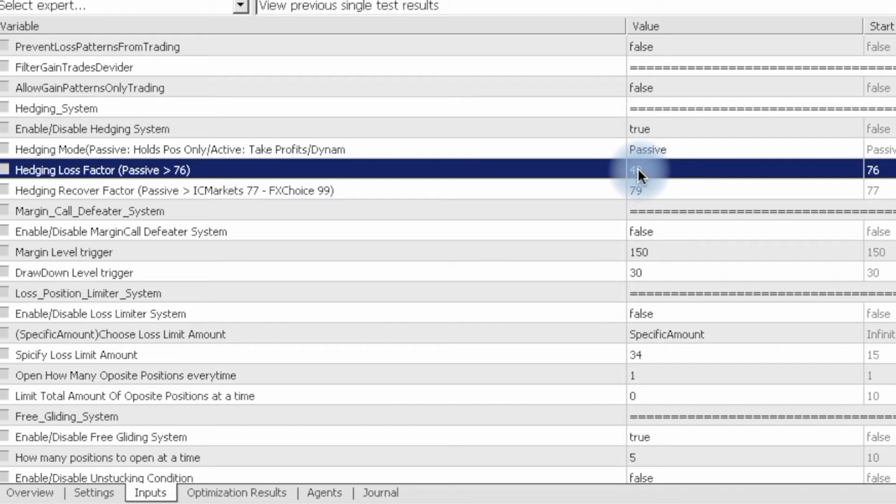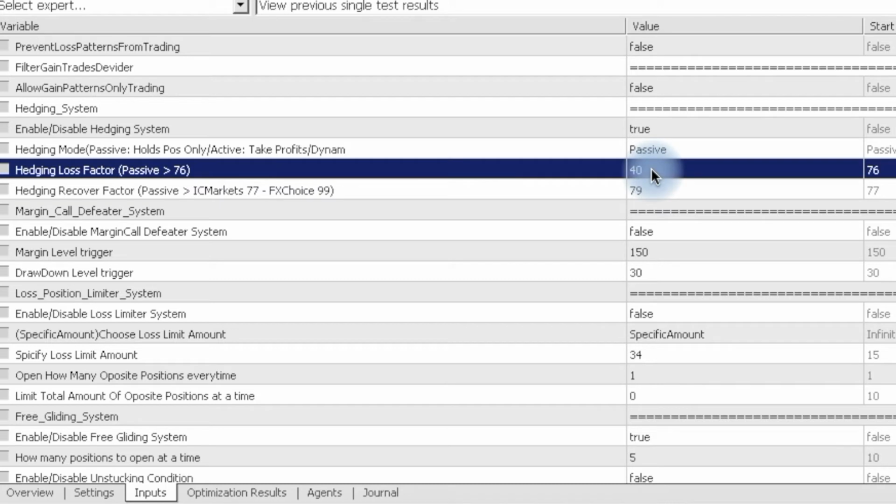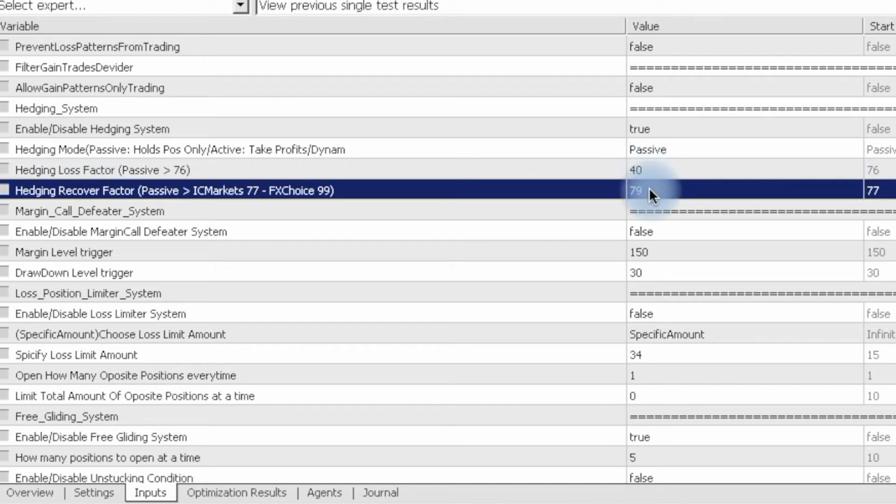Now this system is only for protection, as I said. Now here, what is this? This is the recovery factor. So I'm saying if after you opened a counter position after 40 points, the main position started to recover, then I want you to close the counter position and only leave the main position because it's recovering.